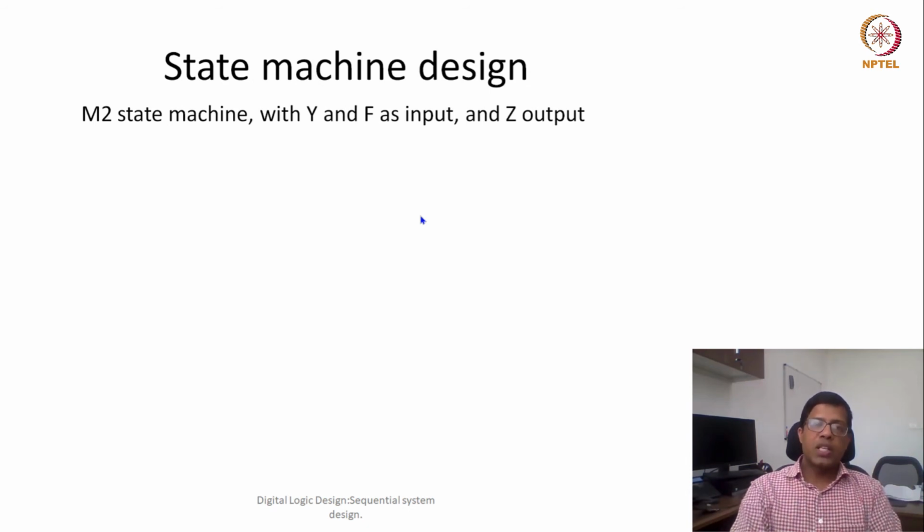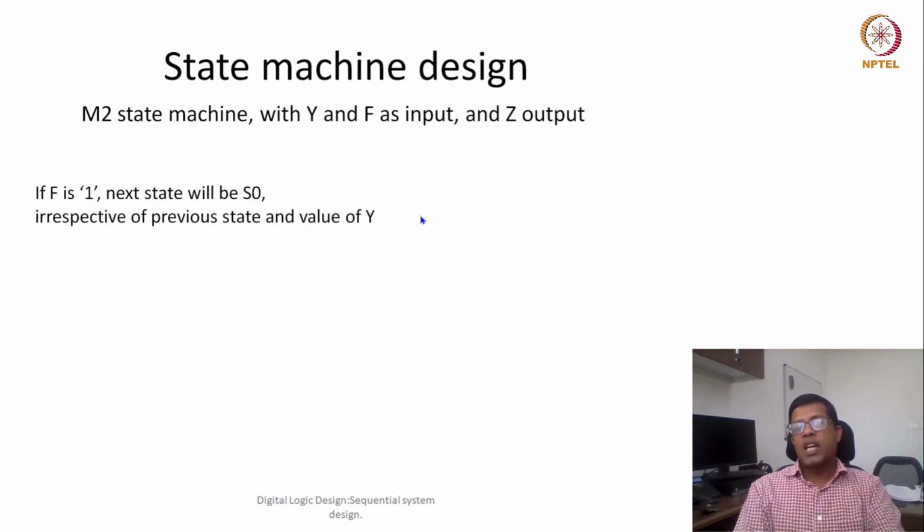First thing is that if f is 1, that means I have reached 255 states, so it is the end of the block. So whatever my present state is, it doesn't matter.